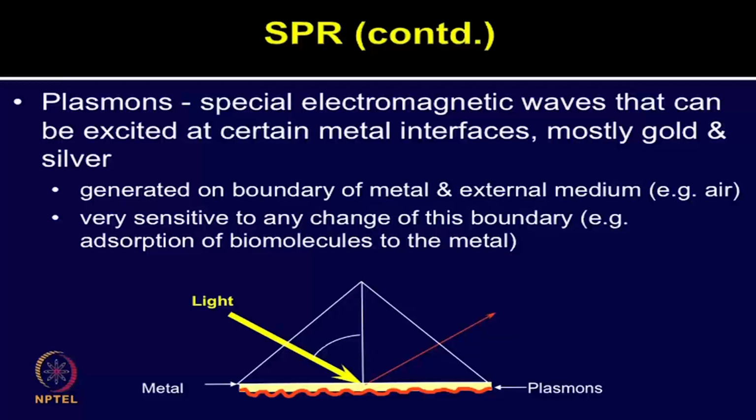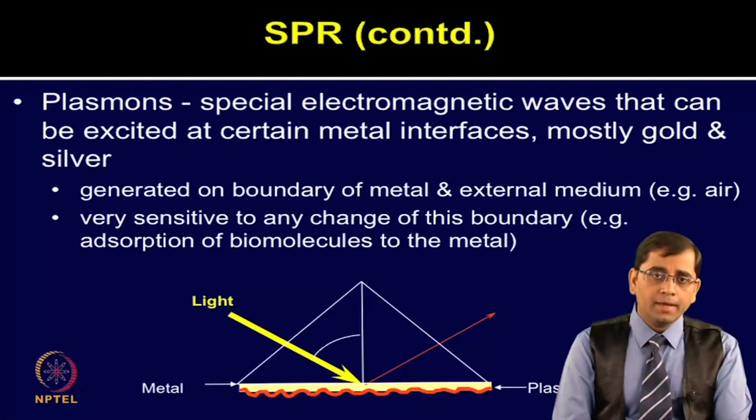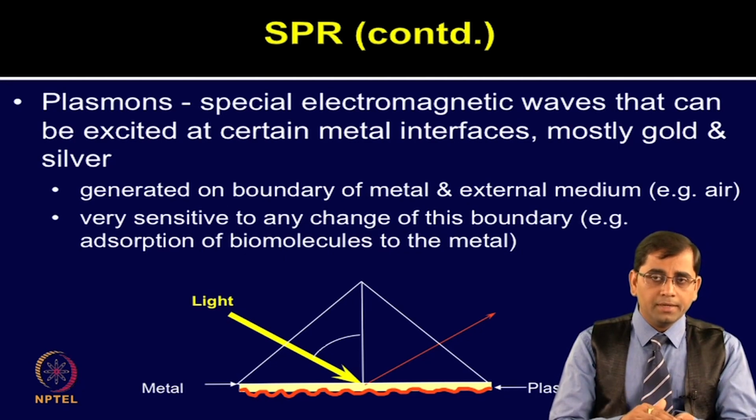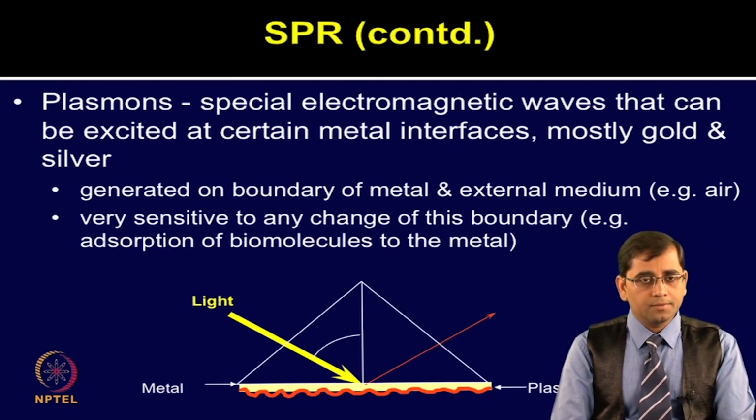Surface plasmons are special electromagnetic waves that can be excited at certain metal interfaces. Mostly gold and silver are used for this purpose. The surface plasmons are electromagnetic waves that propagate parallel to the metal or dielectric surface.